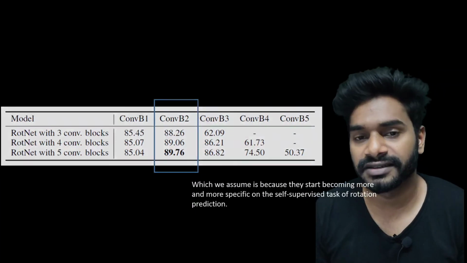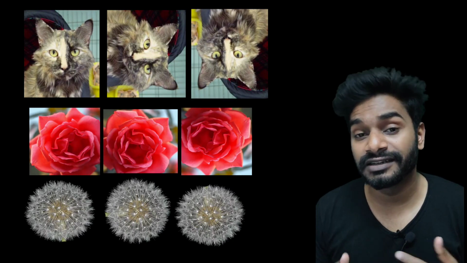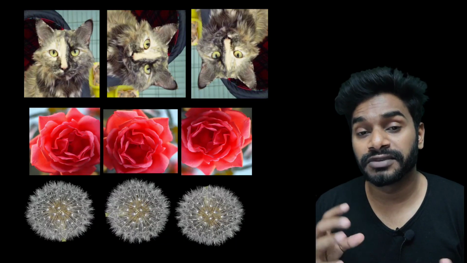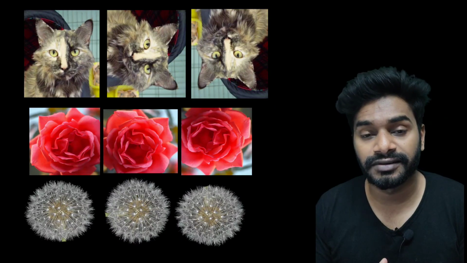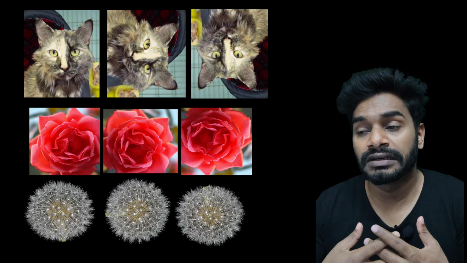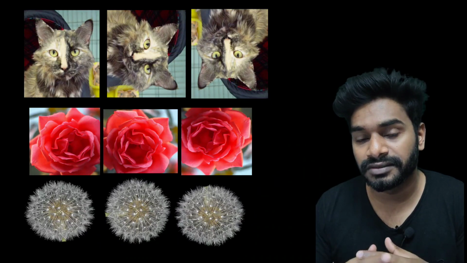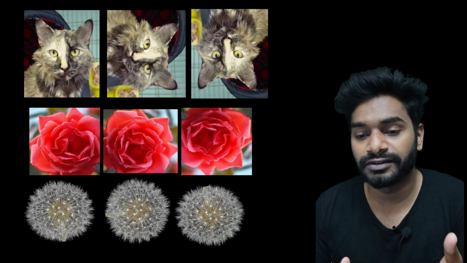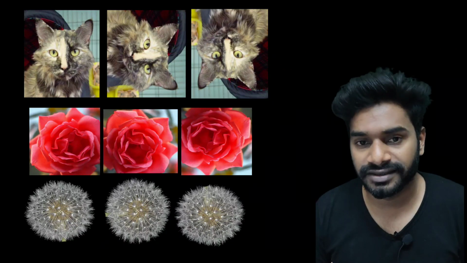So it makes sense. And we also saw that RotationNet might not be a good idea for datasets where there are no orientation features with respect to the entire image, as in the case of this flower dataset or some texture datasets. But nonetheless, overall, I hope you learned something from it.